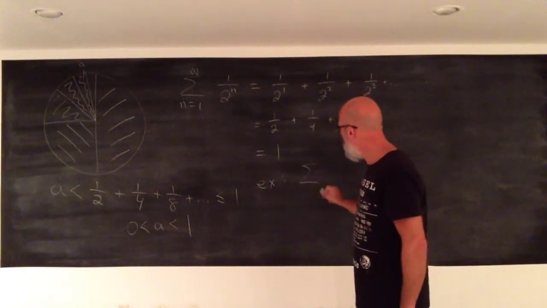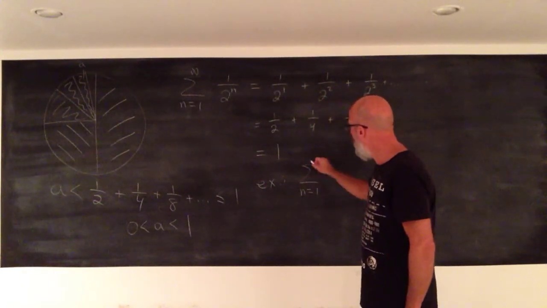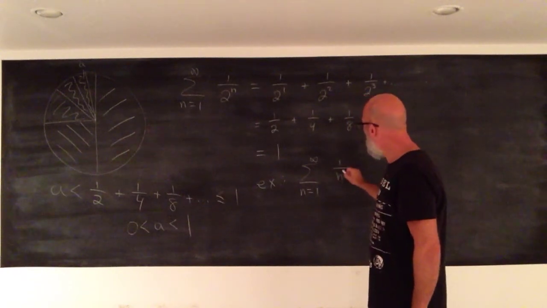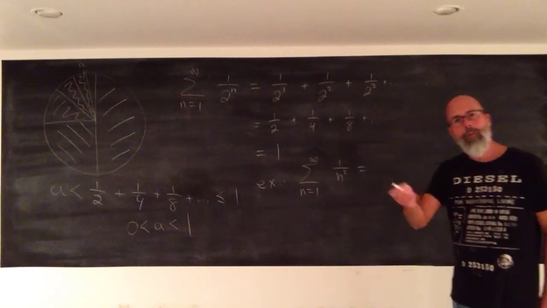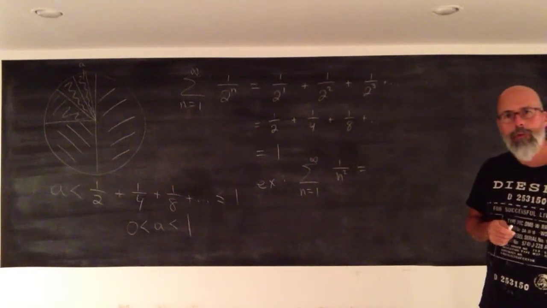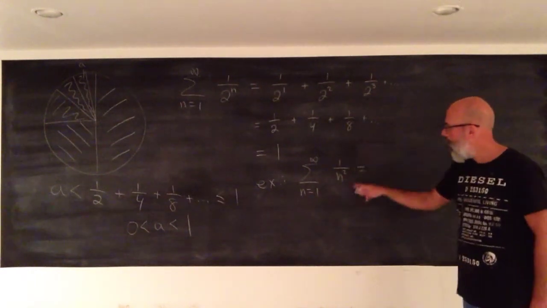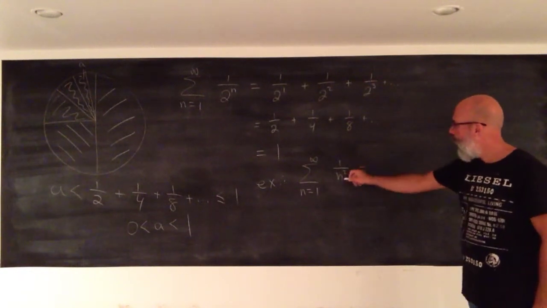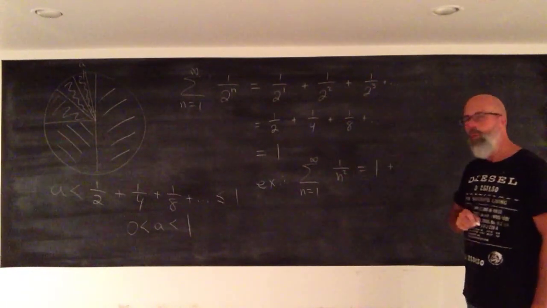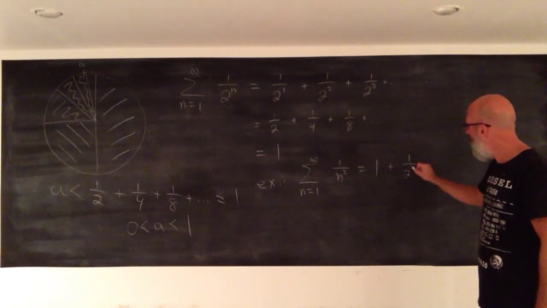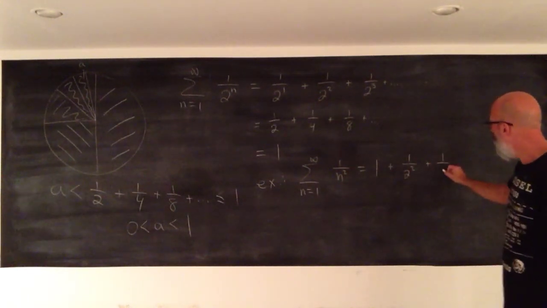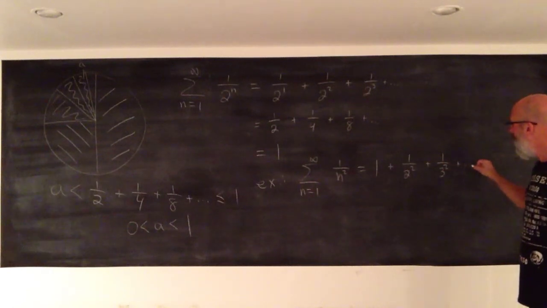Let's take a few other examples just to get acquainted with the sigma notation. Consider the series, the sum of 1 over n squared. Let's just write down the first few terms just to see what's going on here. When n is 1, this is 1 over 1 squared, or 1, plus when n is 2, 1 over 2 squared, plus 1 over 3 squared, and so on and so on.